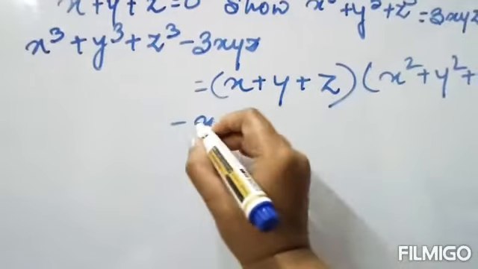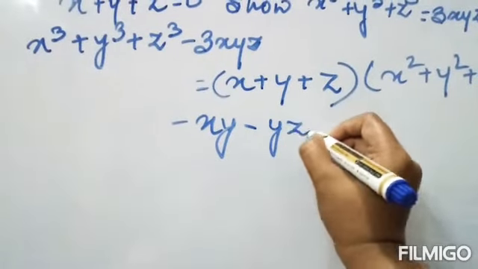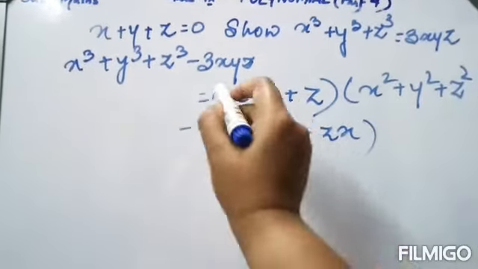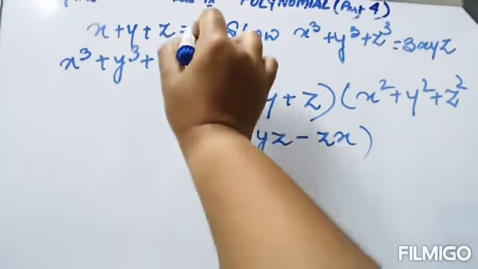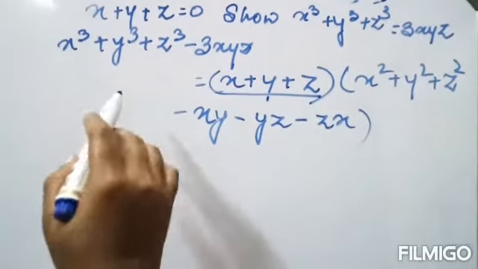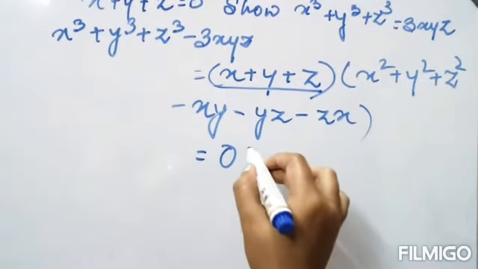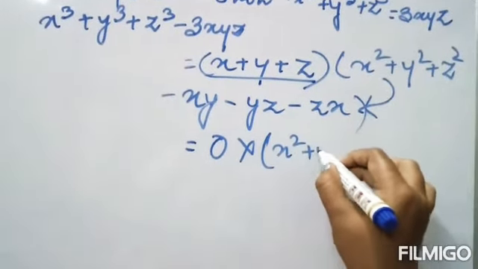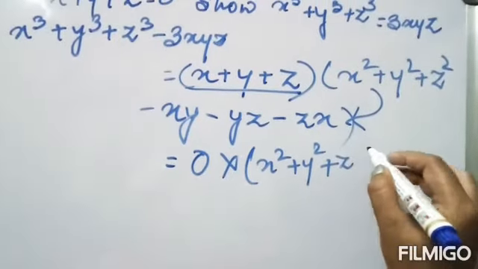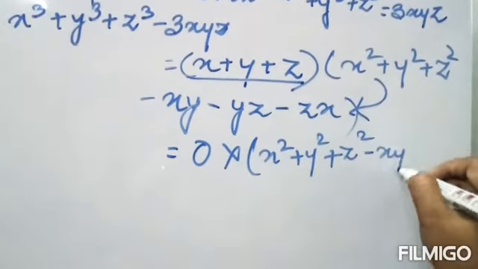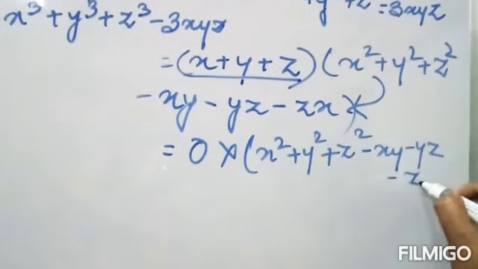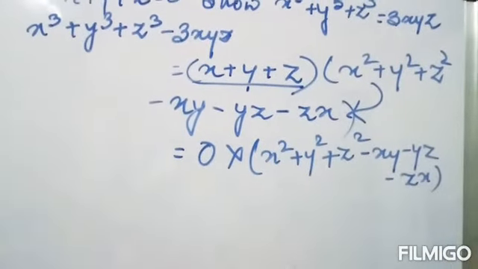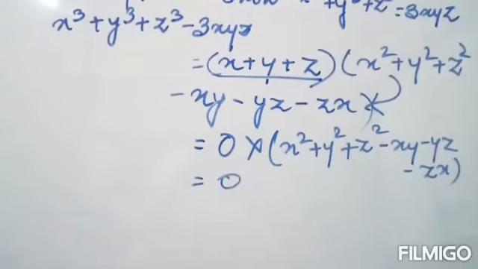Now from here it is already stated that x plus y plus z is 0, so 0 into this, and you all know that 0 multiplied by anything is 0. So this is also 0.